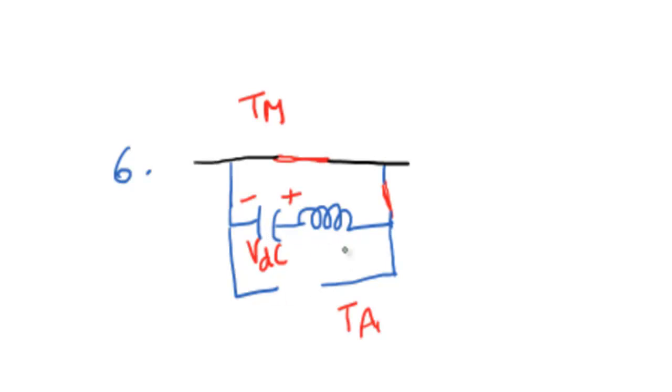Now the current in the tank circuit is 0, that is, the auxiliary thyristor current is 0, so obviously it will be turned off. But still in this case, the load current will be flowing through the main thyristor. So now look here. The auxiliary thyristor is open circuited, that is, turned off by the load commutation we discussed in the class.